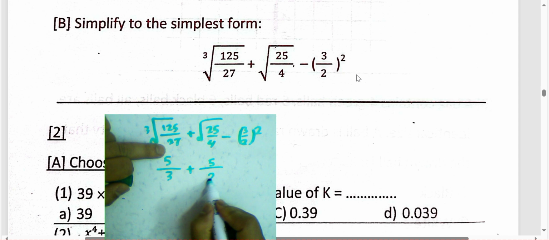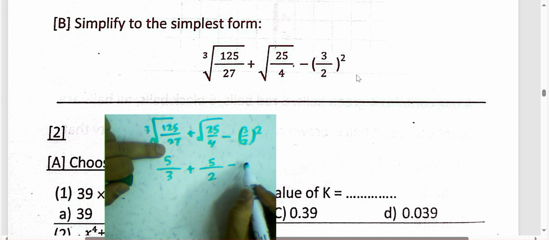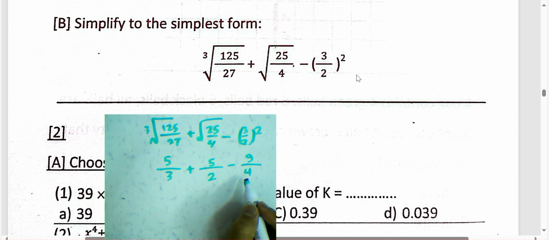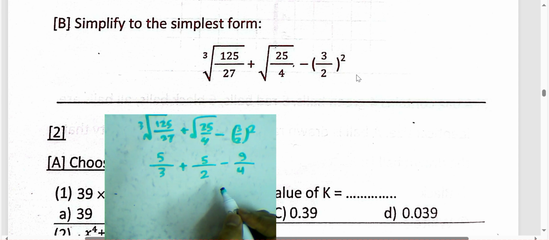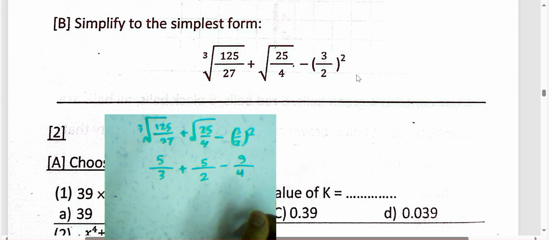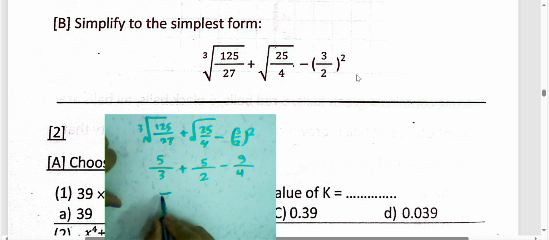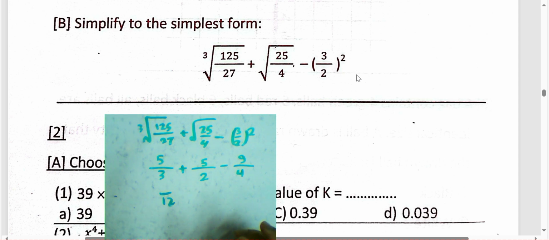Square root of 4 is 2. 3 over 2 power 2 will be 9 over 4. And then we find the least common multiple between the denominators: 4, 2 and 3, it is 12. 12 is the least common multiple. We write 12 down here as the common denominator for the three fractions.